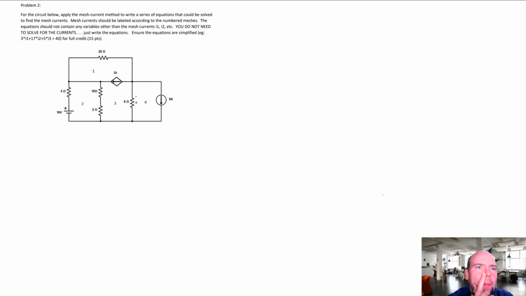Okay, problem 2. So one thing to note, a lot of students lose a lot of points because they don't read problems through. And I understand why that happens, because you're doing a test and you get to a problem, and when you flip to the problem, you say, oh my gosh, look at that thing. Your mind immediately starts thinking, how am I going to analyze this? What am I going to do?